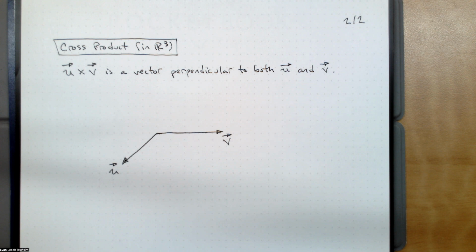Now you might notice that these two vectors, U and V, imagine a plane. Any two non-collinear vectors form a plane. They define a plane.